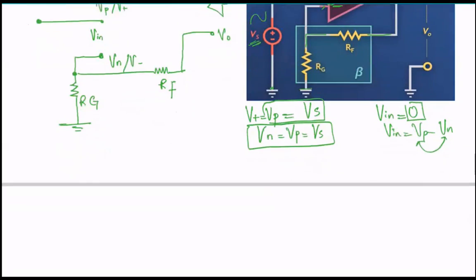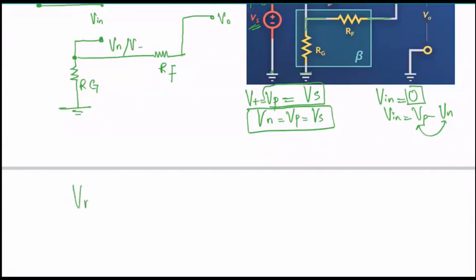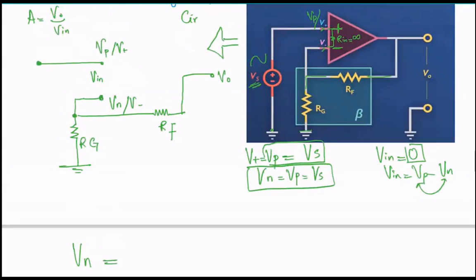Okay, we need to find Vn here. Vn is the voltage at this terminal, correct? Whatever the voltage is over here, the same voltage will split over here and over here. Over here, I have V out, VO.